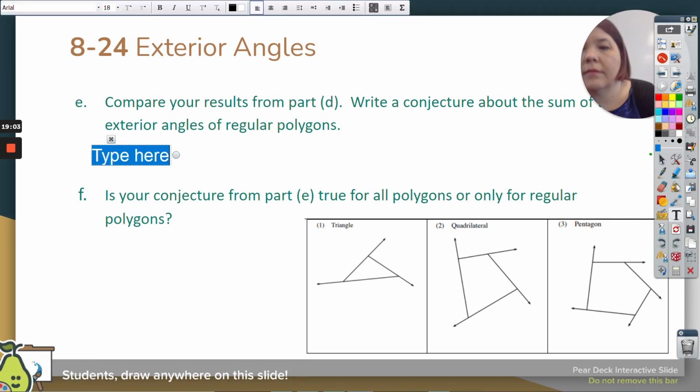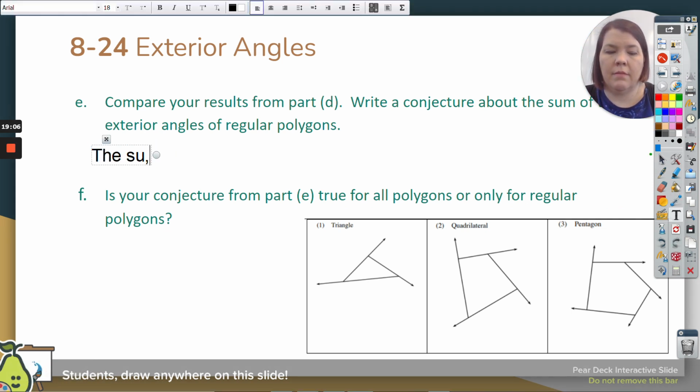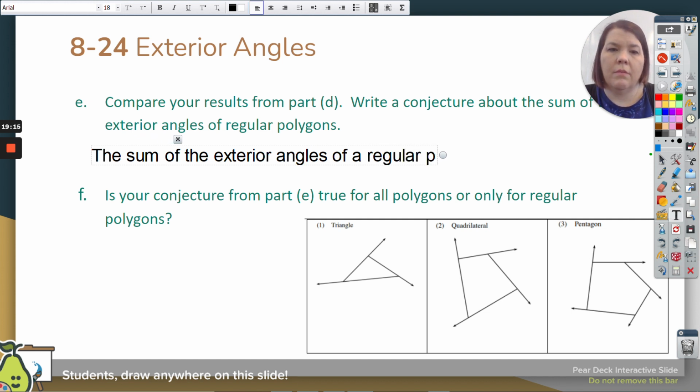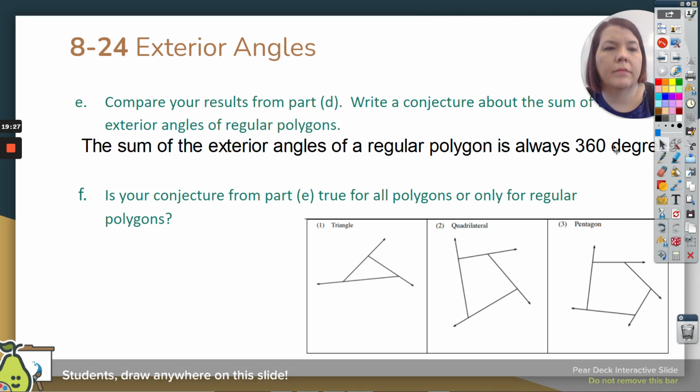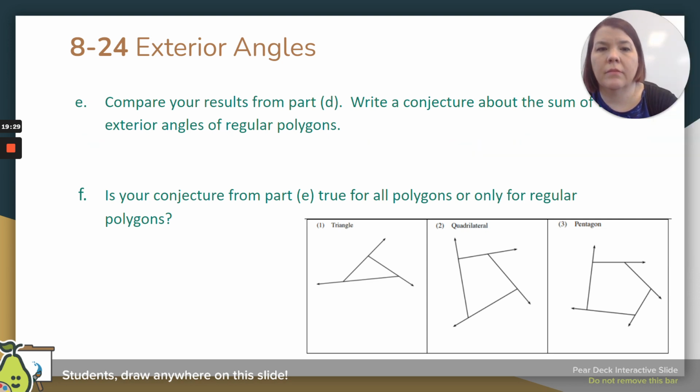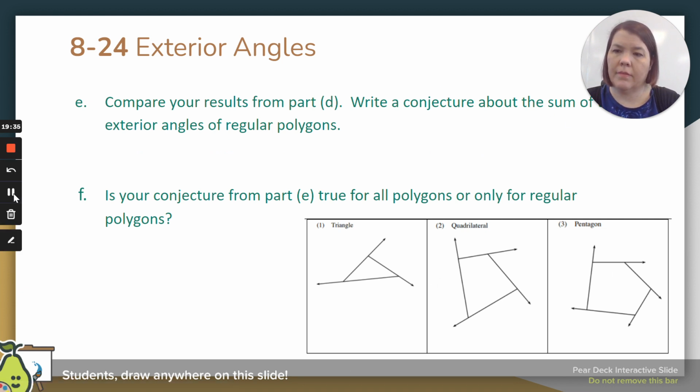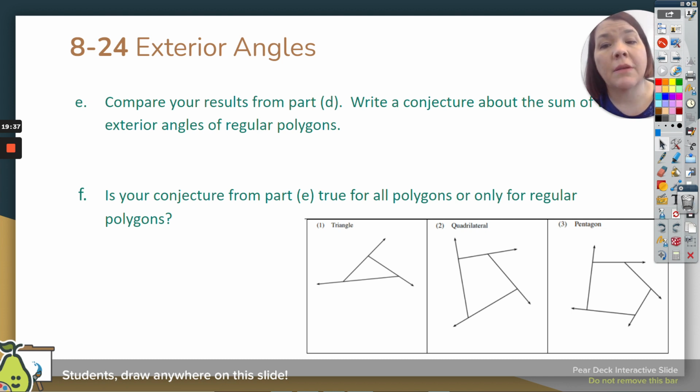The sum of the exterior angles of a regular polygon is always 360. That's my conjecture. So a little computer freak out right there. The sum of the exterior angles is always 360, and it's always true. Okay, let's move on to the next part.